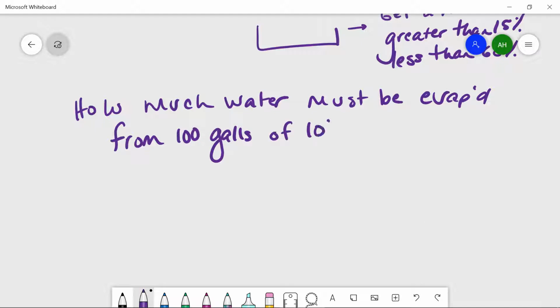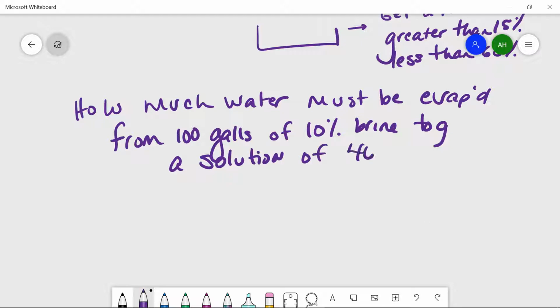This is 100 gallons of a 10% brine, to get a solution of 40% brine.